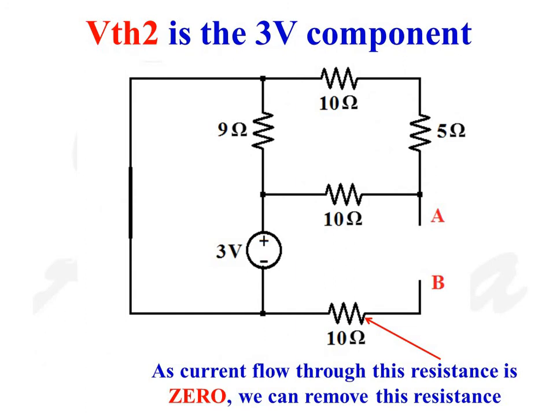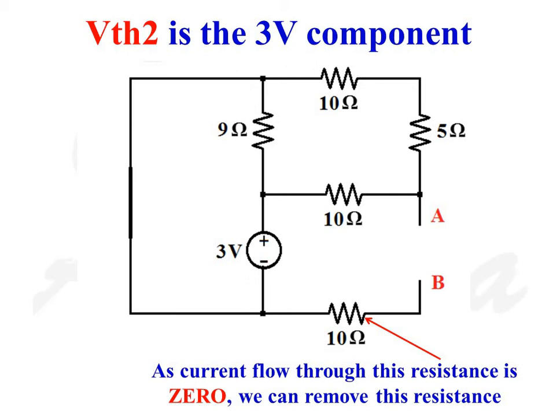Now let us find VTH2. VTH2 is the component of VTH due to 3 volt source when 4 volt is replaced with its internal resistance. If we inspect the circuit carefully, the current flowing through the lowermost 10 ohms resistance is equal to 0, as one of its ends is nowhere connected.